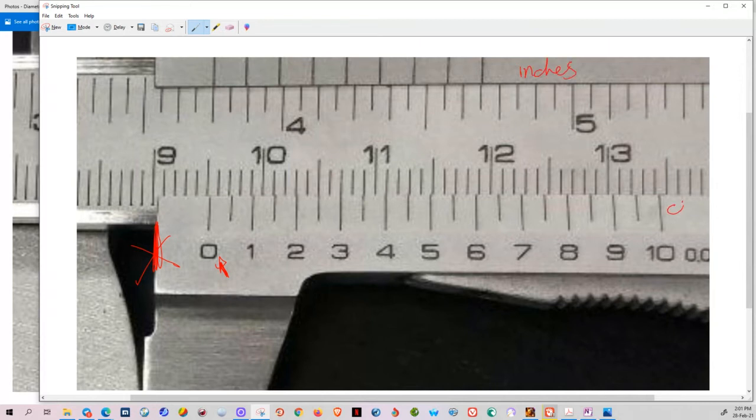At the bottom, this is centimeter. So when we read, we know that this is 9, so we write 9 centimeter. But the 0 here is not exactly 9 centimeter. It's 9.1, 9.2, 9.3, 9.4, 9.5. So we will write here 9.5 centimeter.